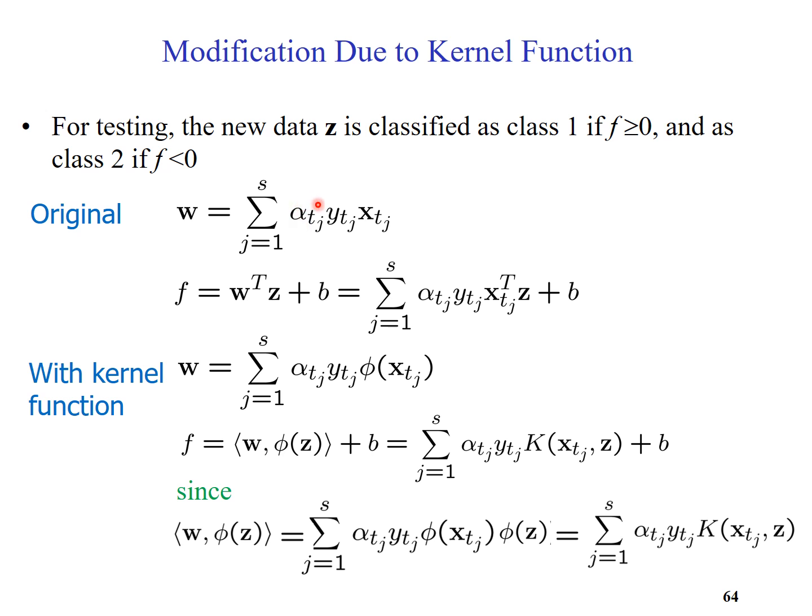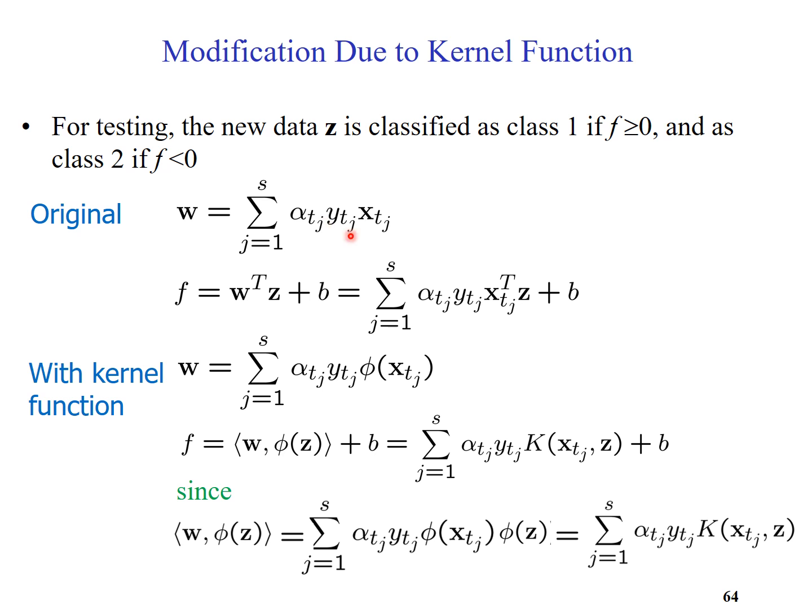That means that data is important because it is a support vector. For data which is not a support vector, their alpha value is 0. That means that data is not important in terms of determining the line. So you can consider this alpha value as the importance of each data.